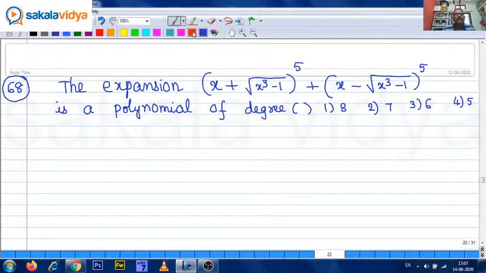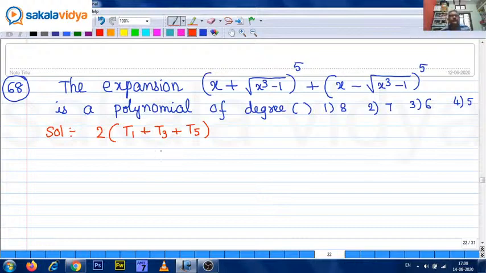Now this expansion can be written like this. Because 5 means in total we have 6 terms. This is x plus a whole to the power of 5 plus x minus a whole to the power of 5. This can be written as 2 times t1 plus t3 plus t5, because it's 2 into the sum of the odd terms.